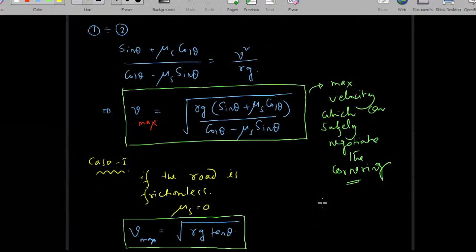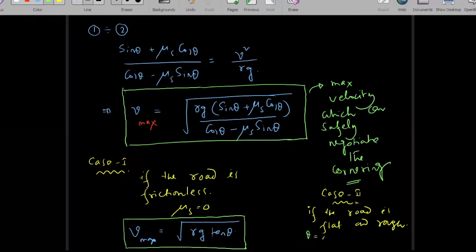Chalo. So now let us study case 2. What is case 2? Case 2 is, if the road is flat and rough. Now if the road is flat, flat means what, right? Flat means theta equal to 0 degree.